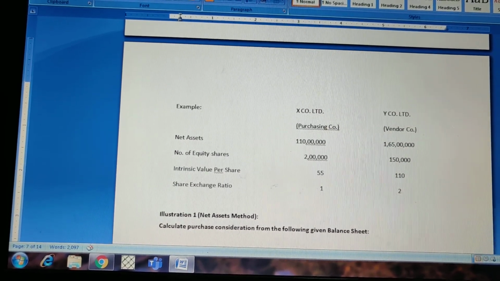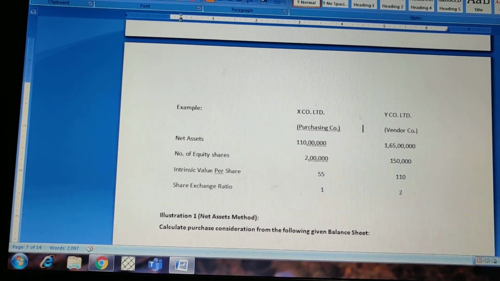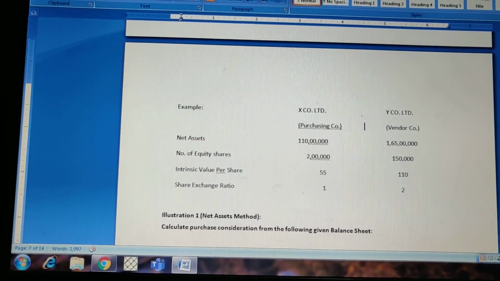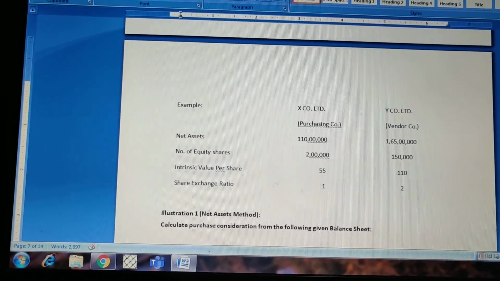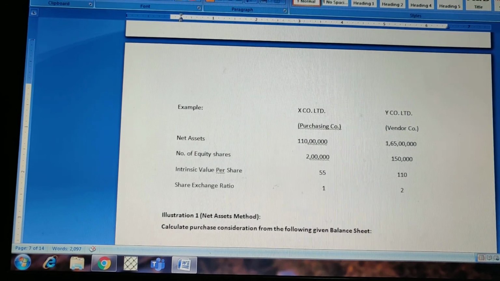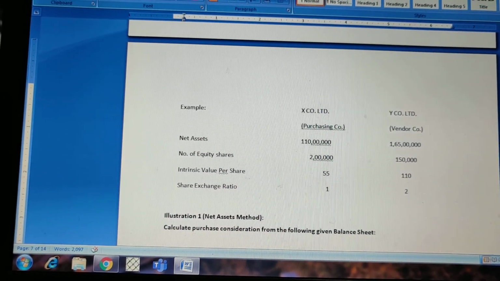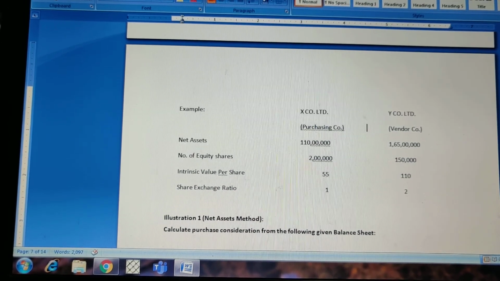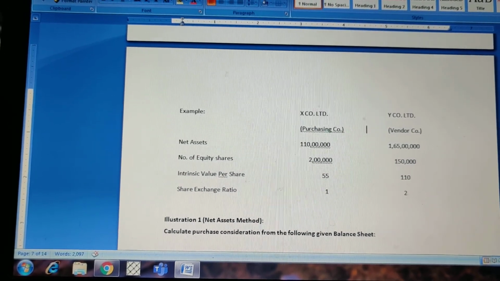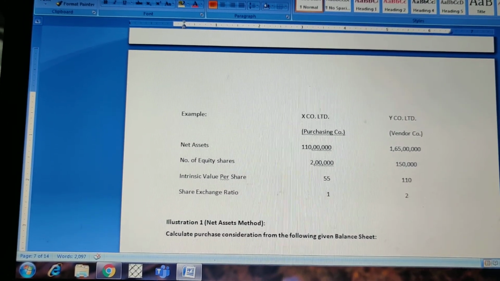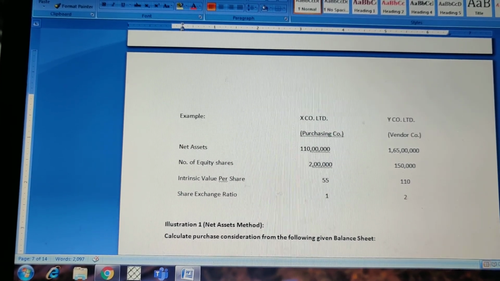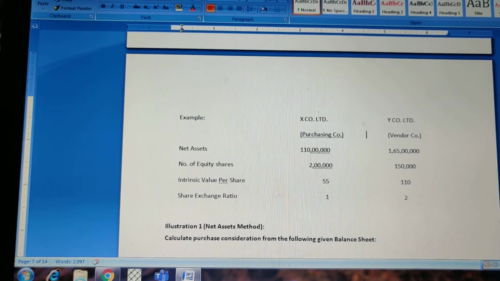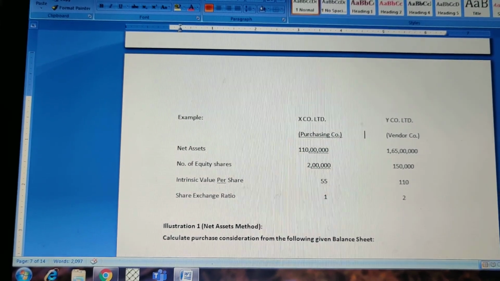So Y company is saying that I have 110 worth per share and you have 55 worth per share, so give me 2 shares for my 1 share. So if Y company has 1,50,000 shares, then X company will give its 3 lakh shares to Y company in satisfaction of the full consideration.